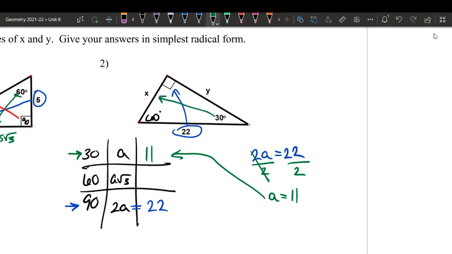So x is 11. So all I need to do now is find the long leg. The long leg is across from 60. It's A square root 3. So I'm going to take the 11 times the square root 3. And I can't simplify that really. I'm just plugging in the value of A where there's an A. So y equals 11 square root 3.